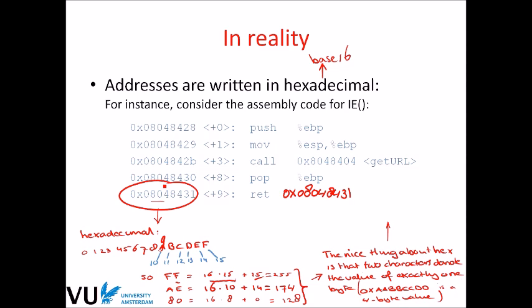So we start from the right, so 0x08048431 equals 16 to the power 0 times 1, plus 16 to the power 1 times 3, plus 16 to the power 2 times 4, plus 16 to the power 3 times 8, plus 16 to the power 4 times 4, plus 16 to the power 5 times 0, plus 16 to the power 6 times 8, and 16 to the power 7 times 0.